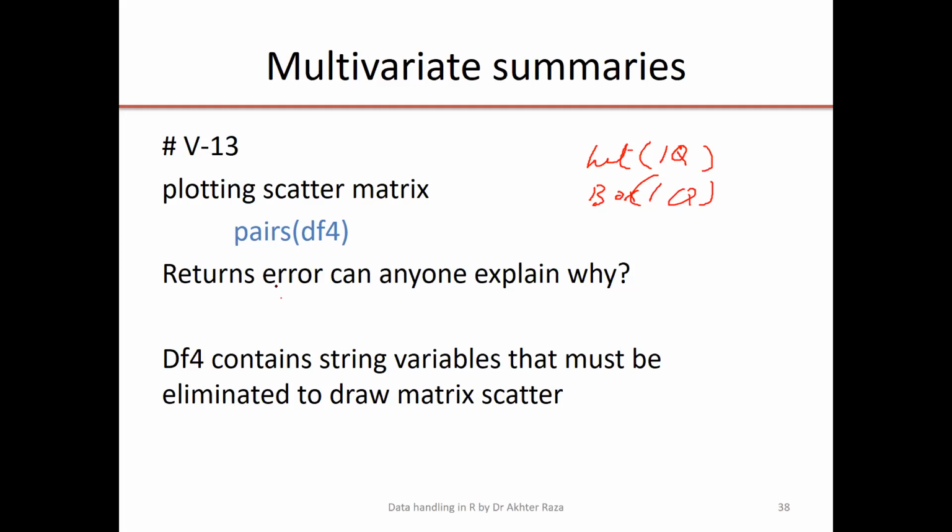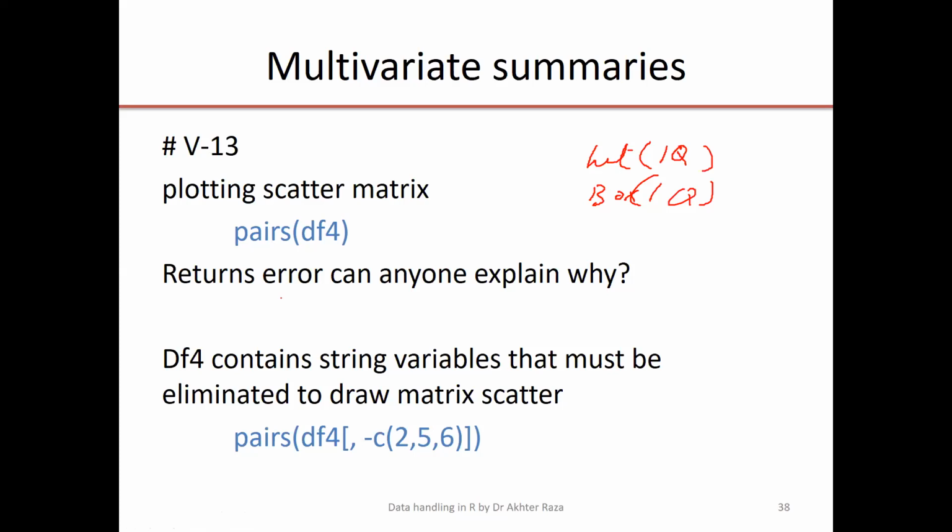What will that error be? It will be because we have some qualitative variable and the pairs command works only on quantitative variables. In conclusion, the pairs command will run the scatter plots among all of the variables. If the data frame contains some qualitative variable, the error will appear.